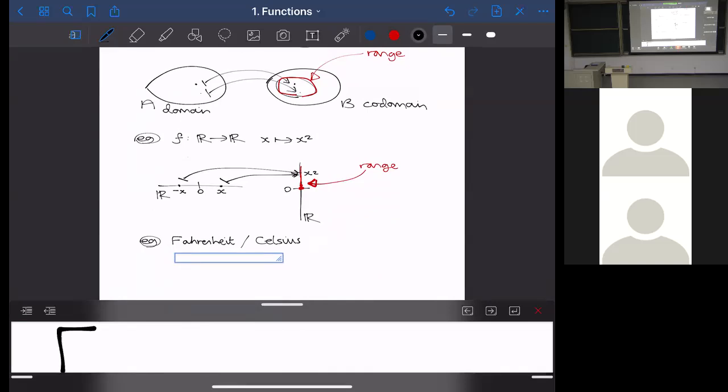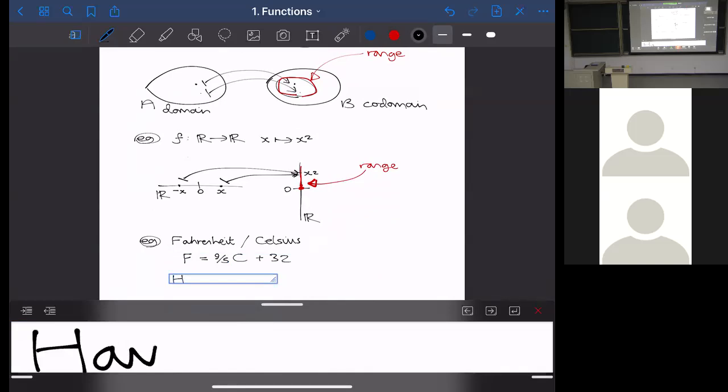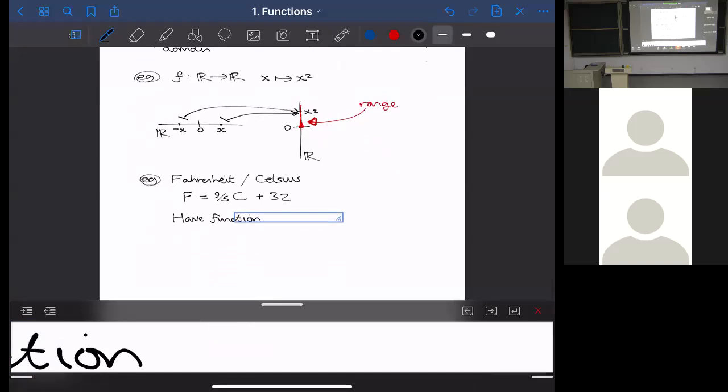So if I know the temperature in Celsius, this is the formula to work out the temperature in Fahrenheit. And we could write this as a function. Let's call it little t for temperature.